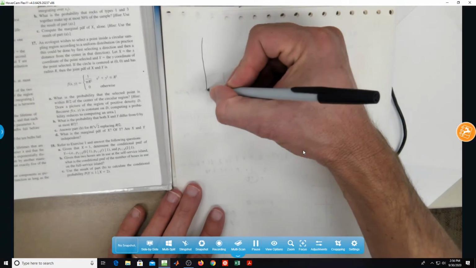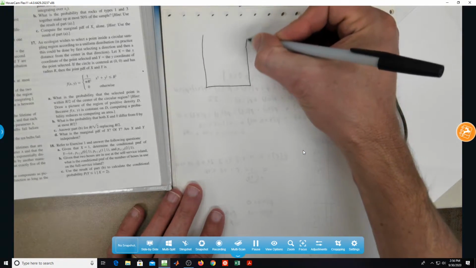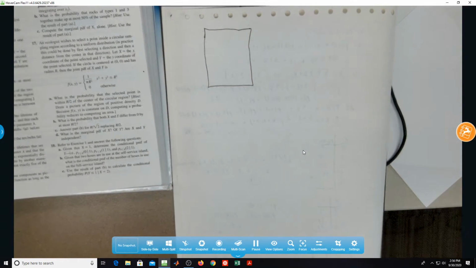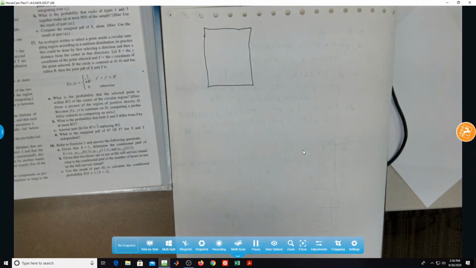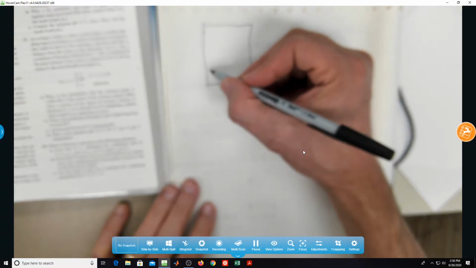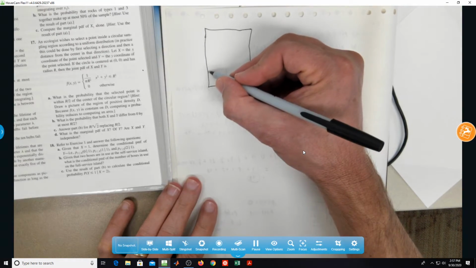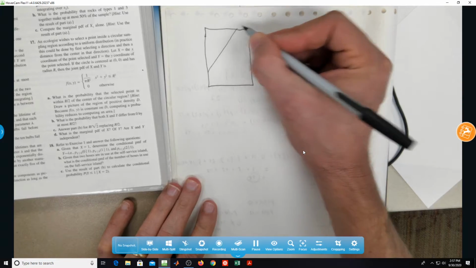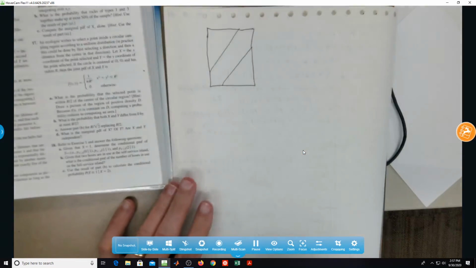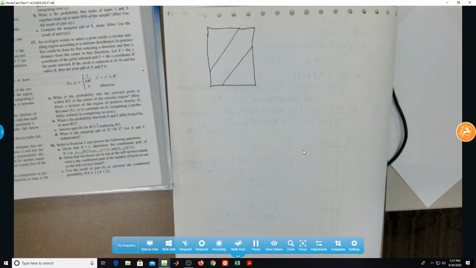Here we have our square. One has to arrive within 10 minutes of the other.